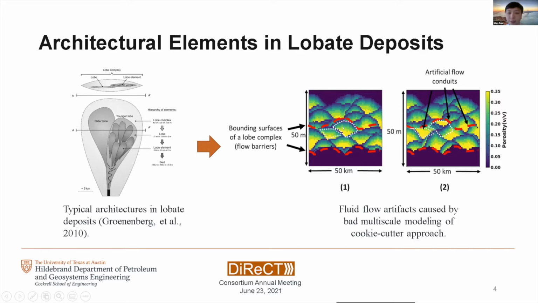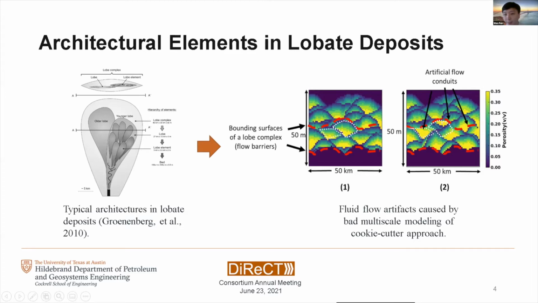For example, in this case, we assume there are two bounding surfaces for the Lobe distribution within it. And when we simulate Lobe distribution and use a cookie cutter approach to fill the area between those bounding surfaces, we can find that there are some artifacts near the boundaries.